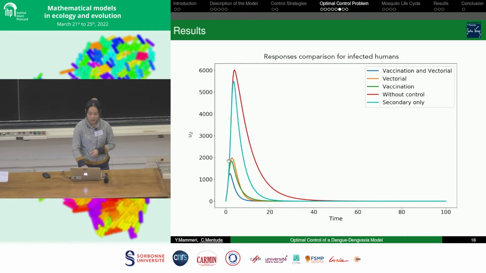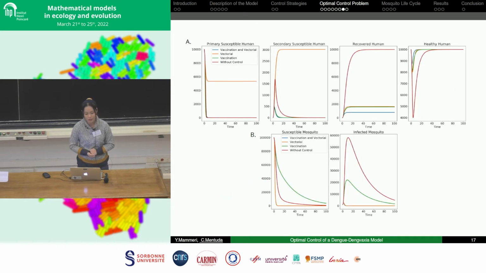But remember again that there is a condition that we have, Dengvaxia has a condition that it should be given to humans who have previous infection. So as you can see, it's not that good. Okay? So aside from this, we also have the primary, secondary, and all the other variables.